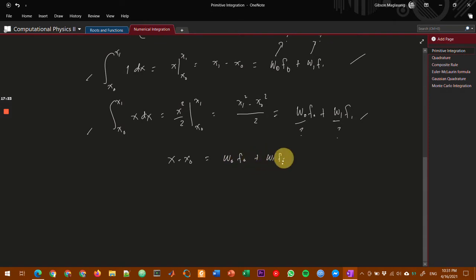The weights give the result of your integral so that we can approximate. We have x1 squared minus x naught squared over 2 equals.